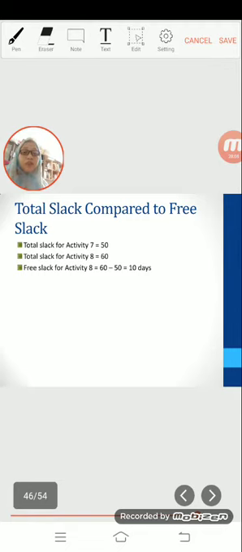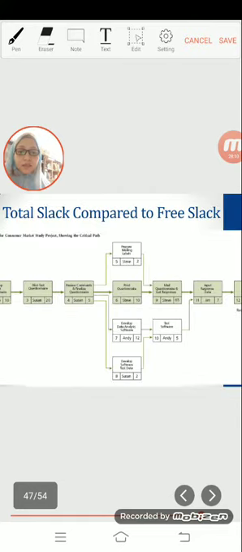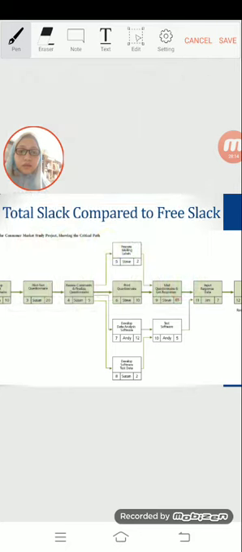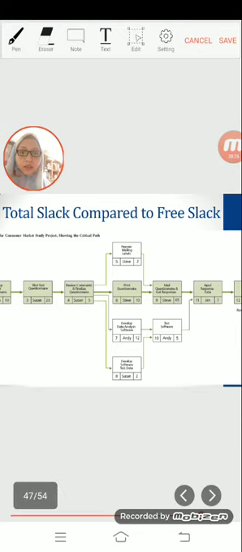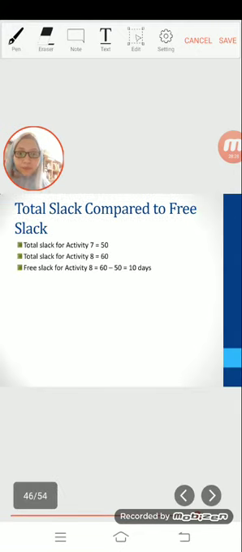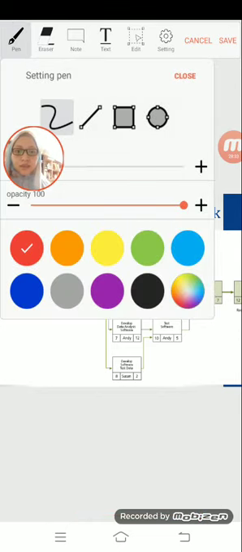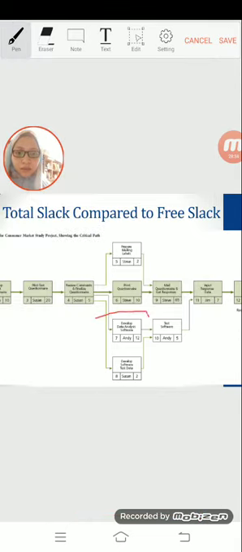Or if you want to make it simple, you can see it like this. Focus on activity 7 and 8.